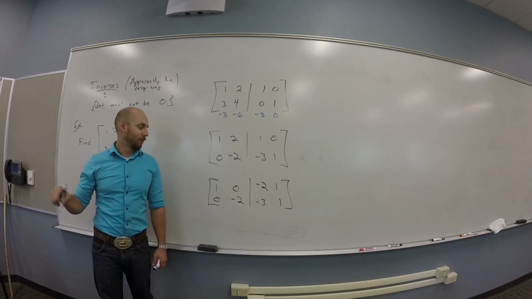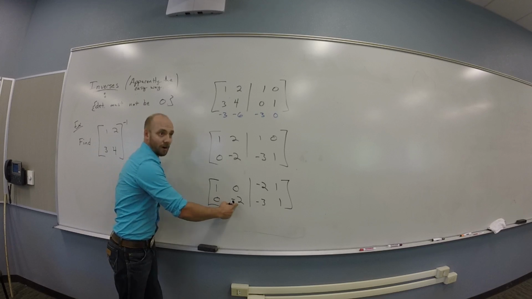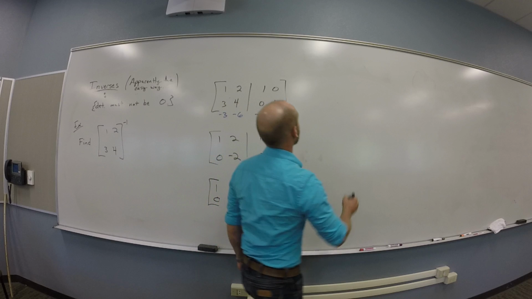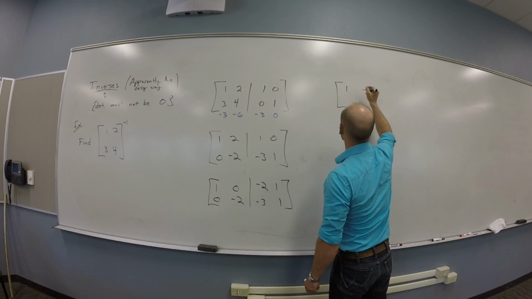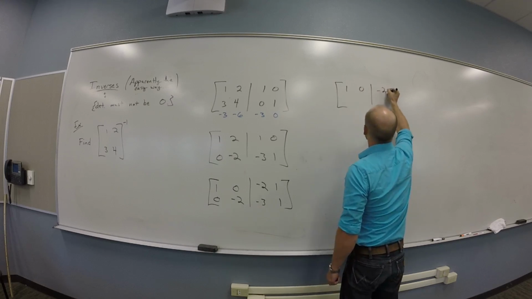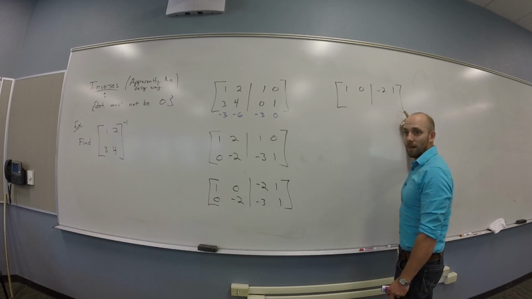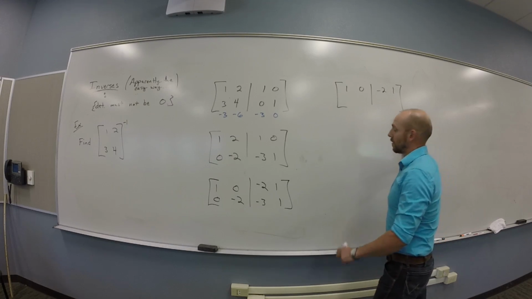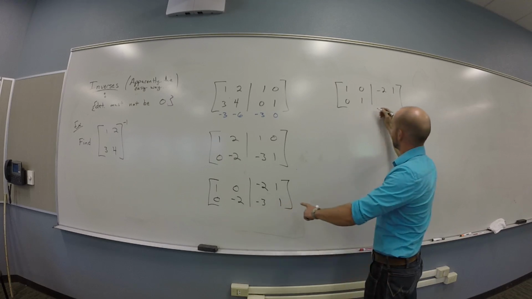Now what? Negative 2. Okay, I want to take this second row, right? I need to see a 1 here, right? So, what am I going to do to the top row? Nothing. And the bottom row? 0, 1, right? I'm multiplying by -1/2.